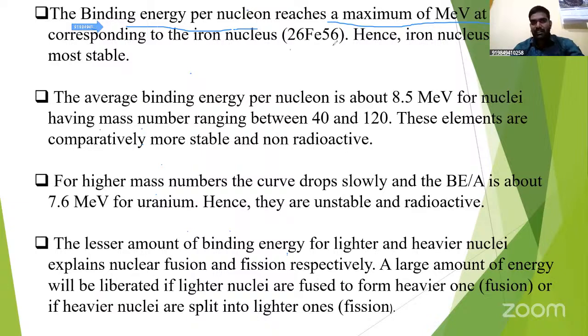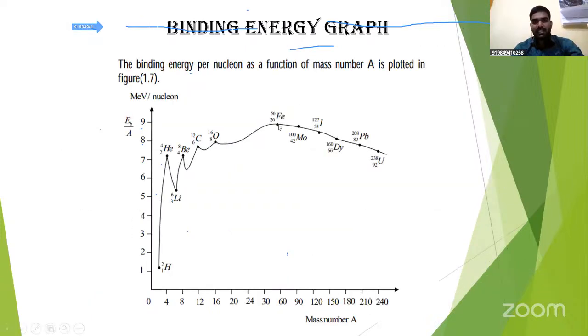At the iron nucleus, if you see, the binding energy per nucleon reaches the maximum. Here, the binding energy per nucleon is more, isn't it? It is the maximum peak point. From here, it is gradually decreasing as the mass number increases.